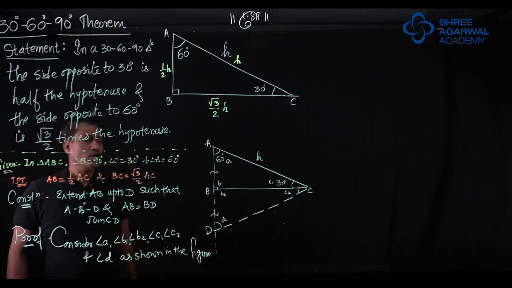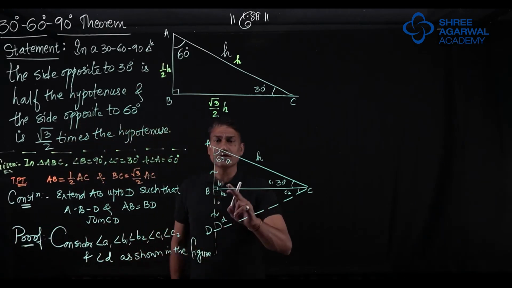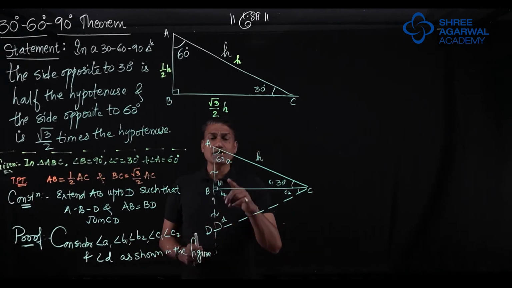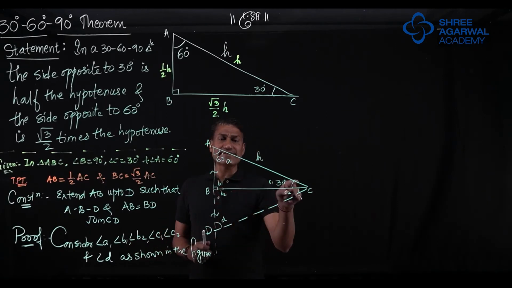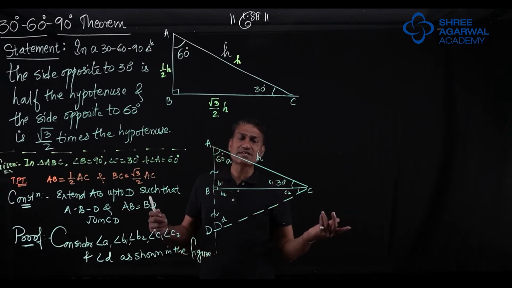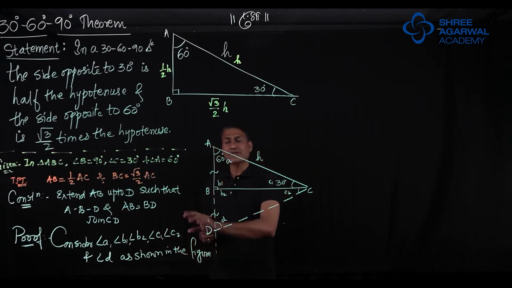Whatever angles we are considering here have to be told, because telling angle BAC is lengthier. Just tell angle small a, it's enough. Telling angle ACB is a long way. Just angle C1 is enough. So we named the angles.